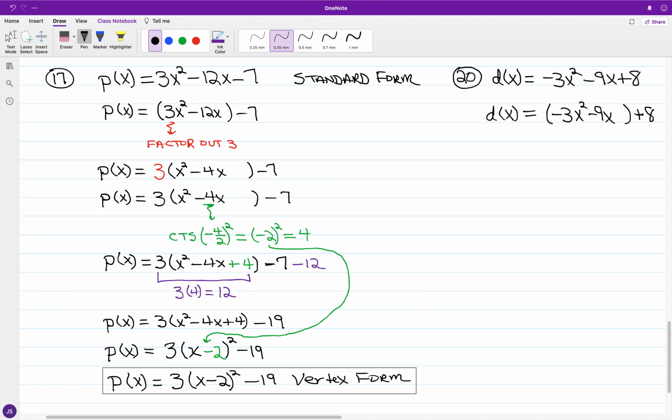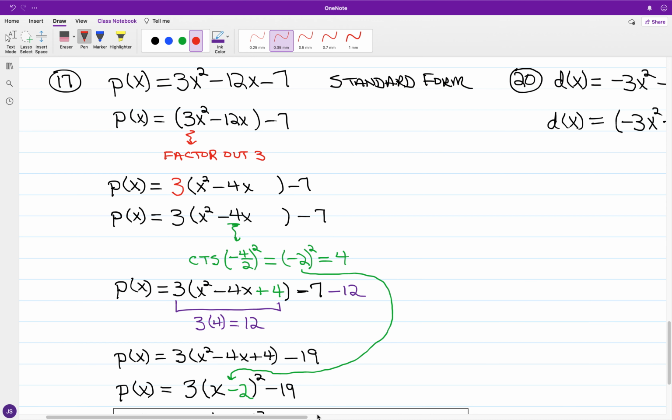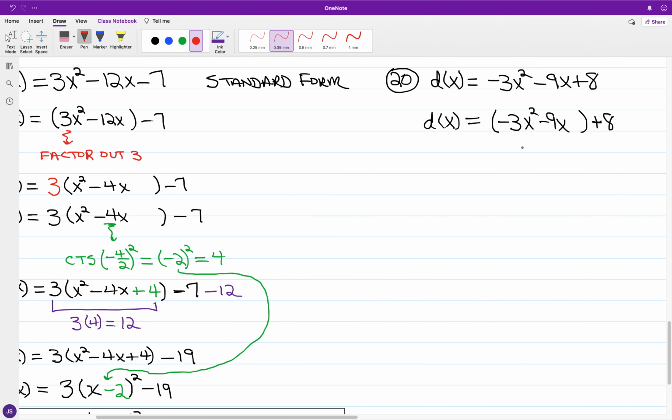Just like before, I want the first term inside the parentheses to be x squared. If you notice, the leading coefficient is negative 3.